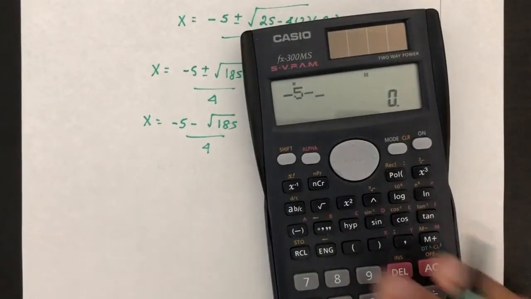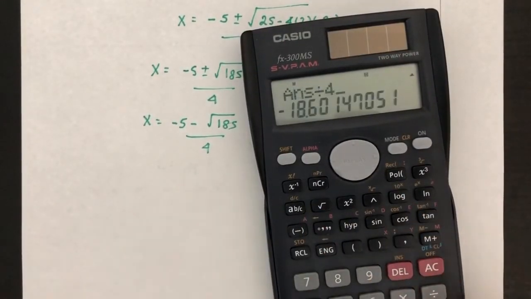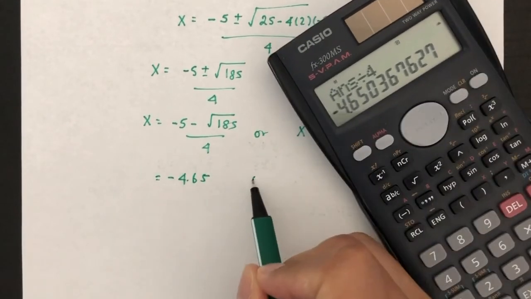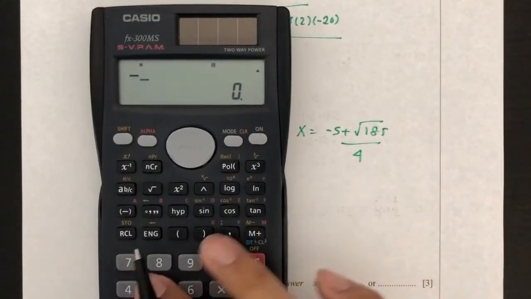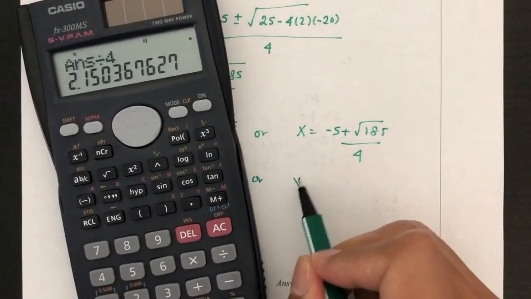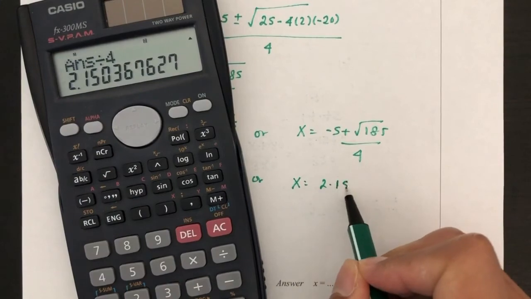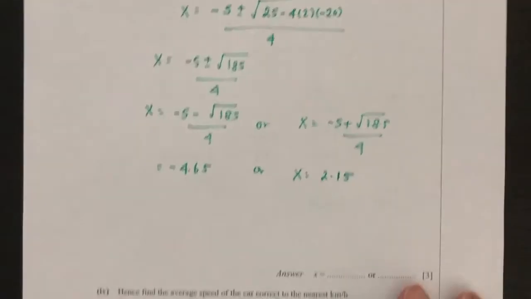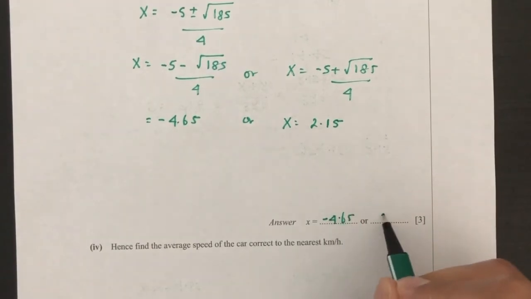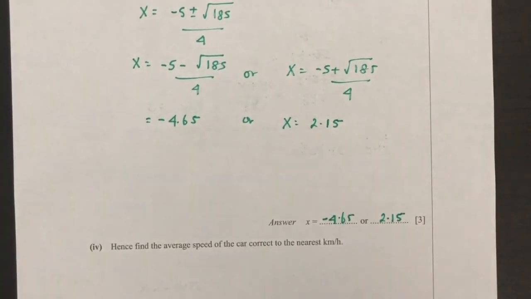So minus 5 minus root 185 divided by 4 will be minus 4.65, or it can be, let's do this one, minus 5 plus root of 185, that will be 2.15. So the two possible values that we have will be minus 4.65, or it can be 2.15. Now for the real value of x, since x represents time, we can only take the positive value.